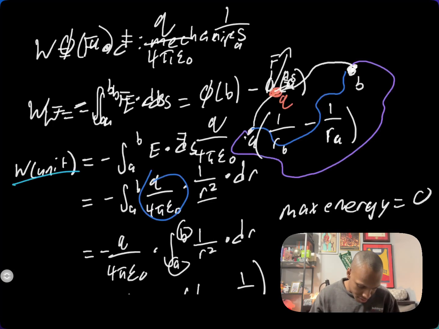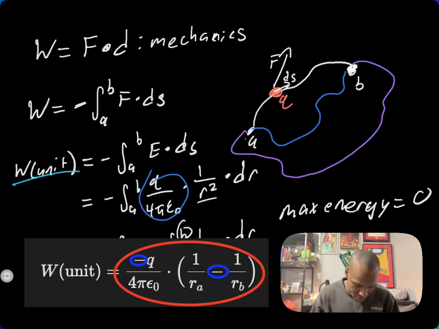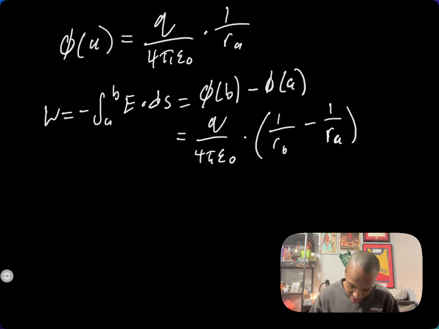You'll notice that this is the same equation that we got here. We just swap this negative symbol and turn these signs around and we get the same answer.